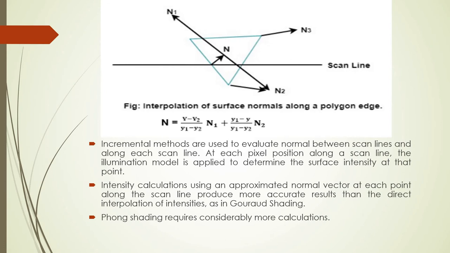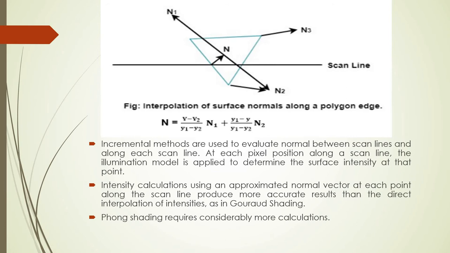When we are discussing Phong shading, we have to use incremental methods to evaluate the normal between the scan lines and along each scan line. At each pixel position along a scan line, the illumination model is applied to determine the surface intensity at that point.